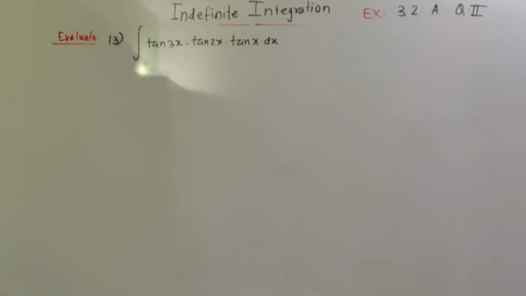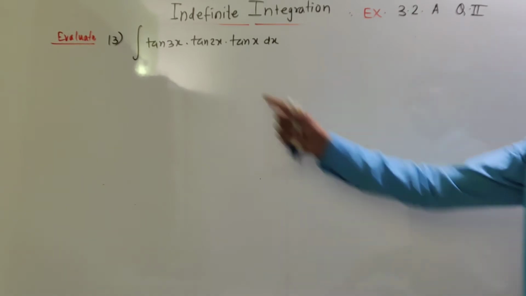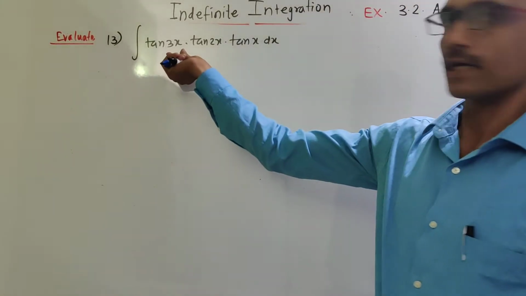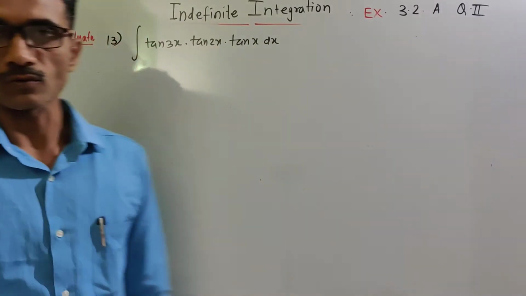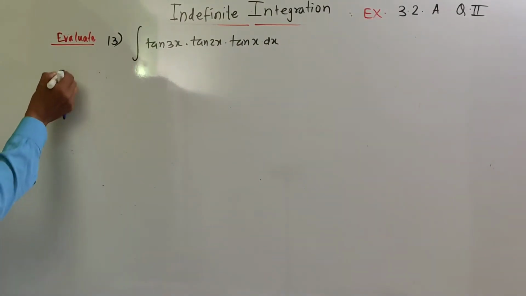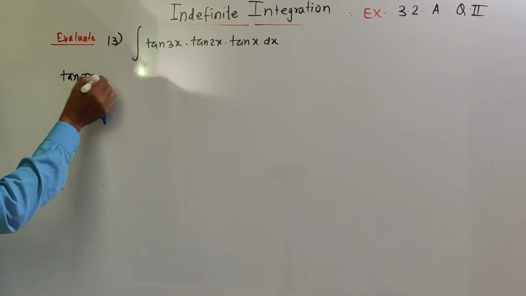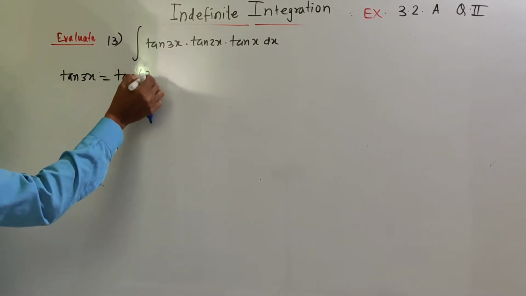Question number 13. इसमें tan 3x, tan 2x और tan x. So 3x you can write as 2x plus x. और फिर सबसे पहले आपको tan 3x we will simplify like this, tan of 2x plus x.